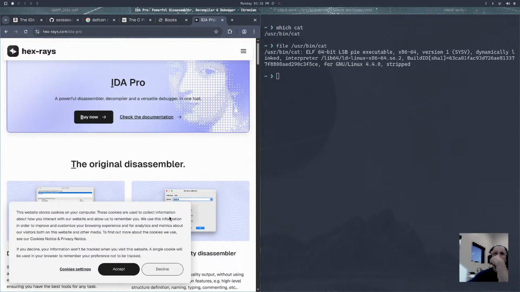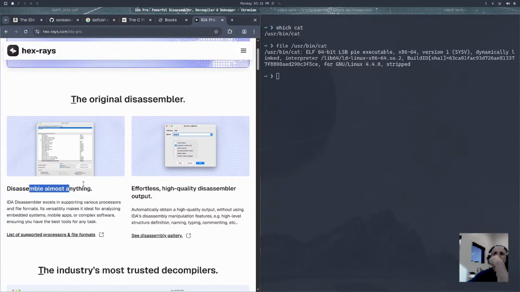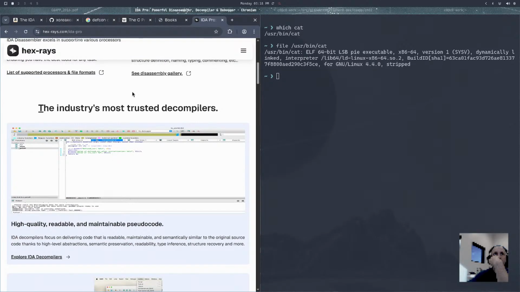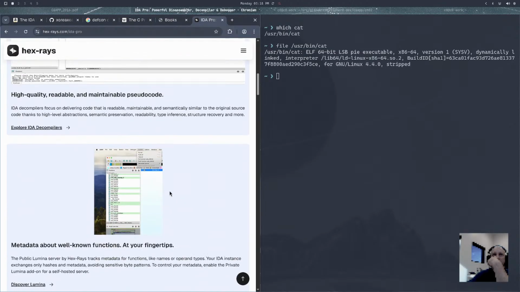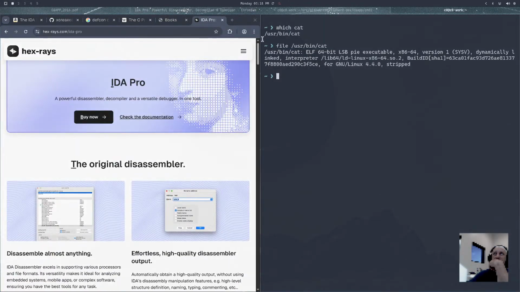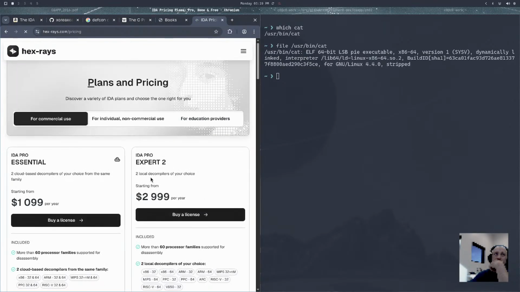It can disassemble most everything, effortless high quality disassembler output. Does pretty good at decompiling. I've heard a lot of good things about it. I've never run it myself because I don't pirate software, and I don't pay an insane amount of money for it.